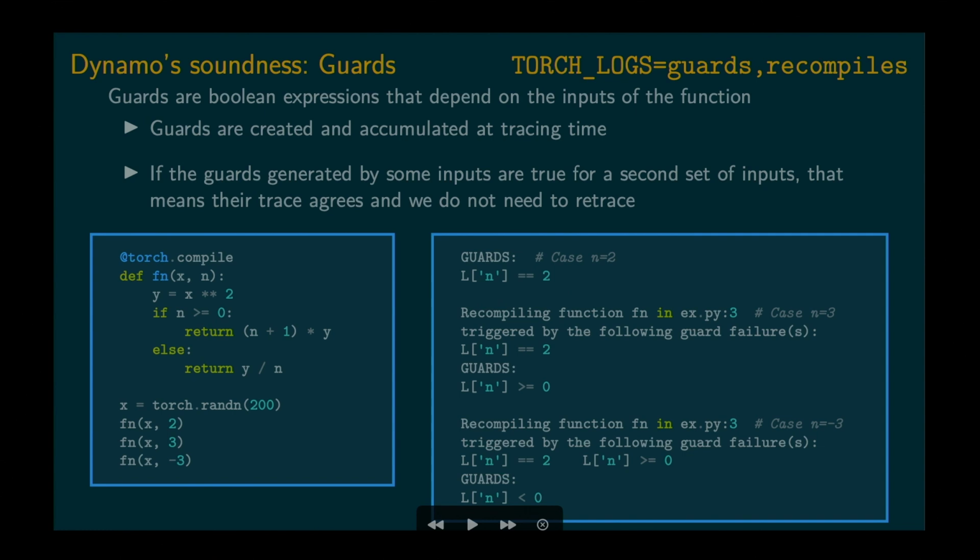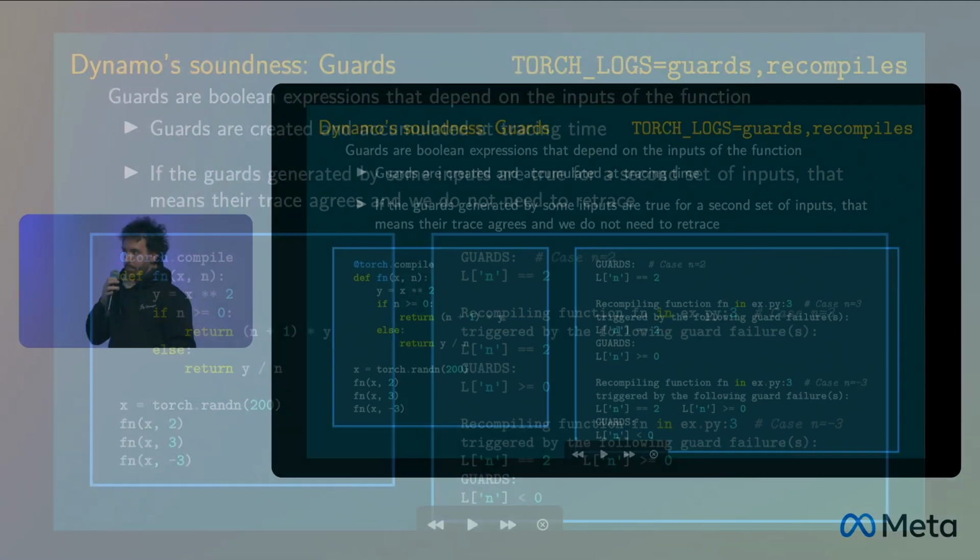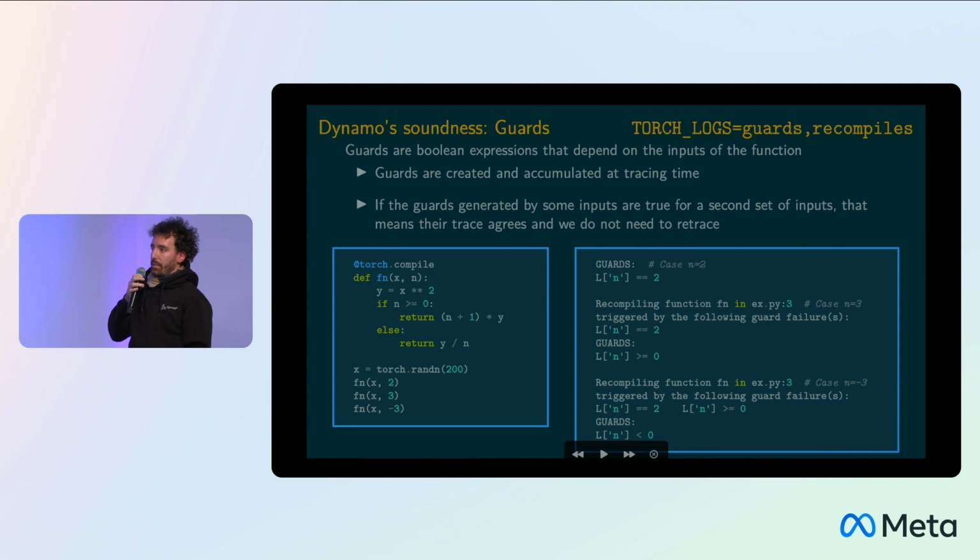And then again, if we set torch log equals guards, it tells us the guards, and equals recompiles, you can pass a 2 with a comma, recompiles tells us the reason why it recompiled. So in this case, it tells us that it triggered because the n equals 2 guard failed.